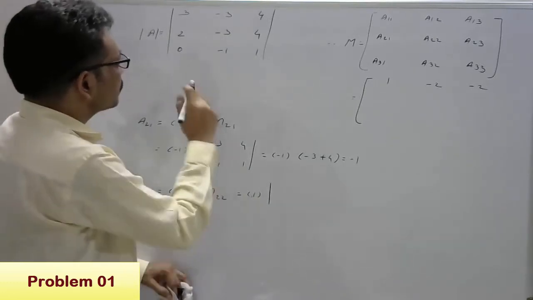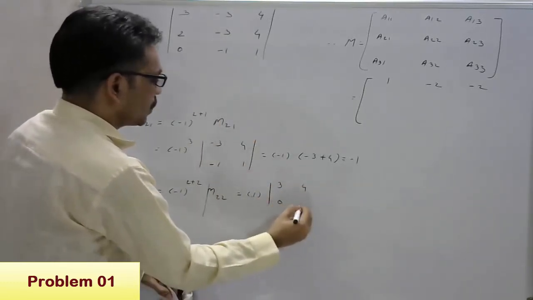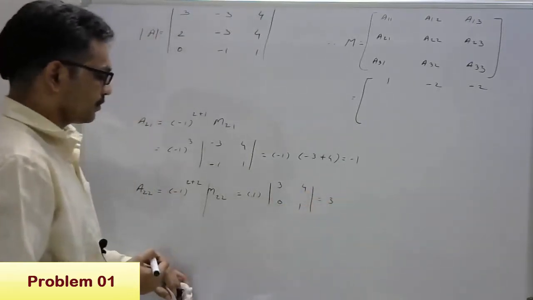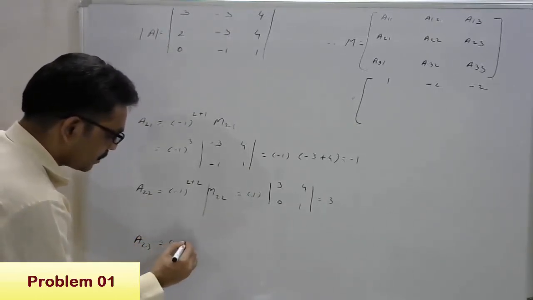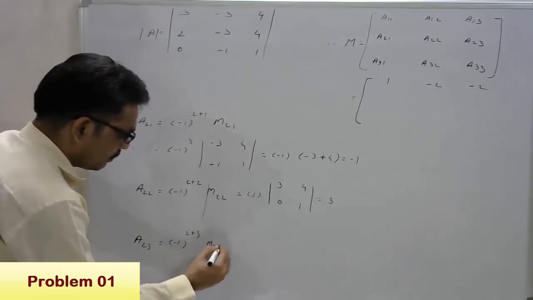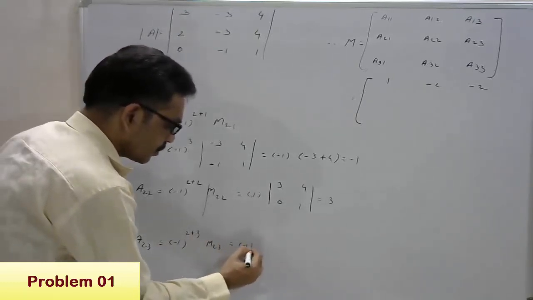M22 is equal to 3, 4, 0 and 1. Then this is equal to 3. A23 is equal to minus 1 raised to 2 plus 3 into the minor M23, minus 1 raised to 5, which is equal to minus 1.